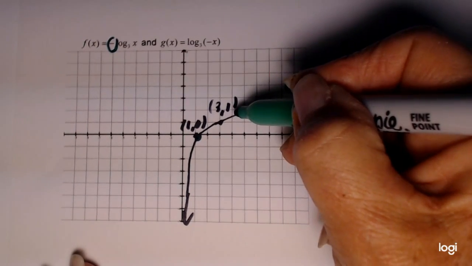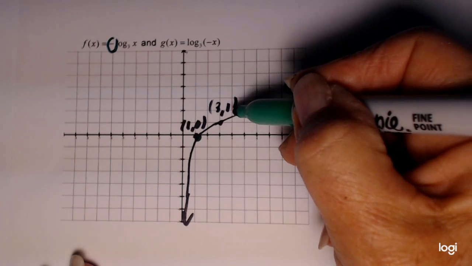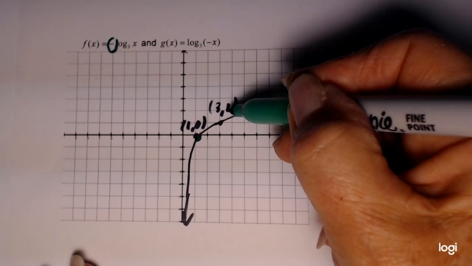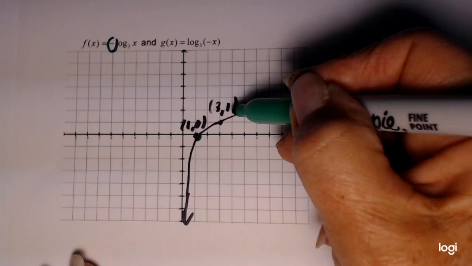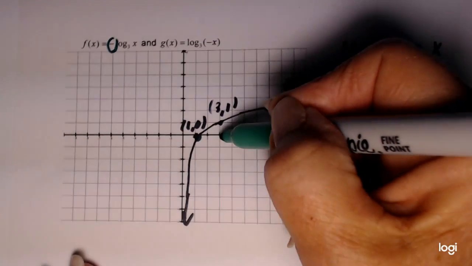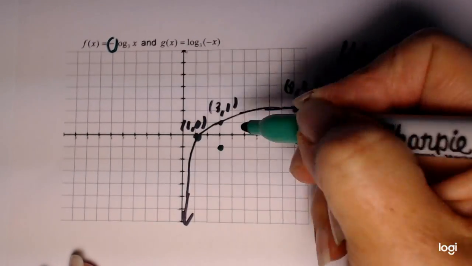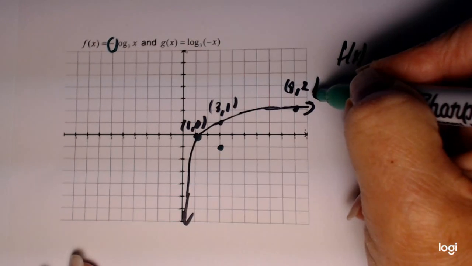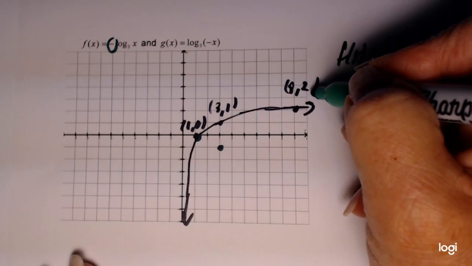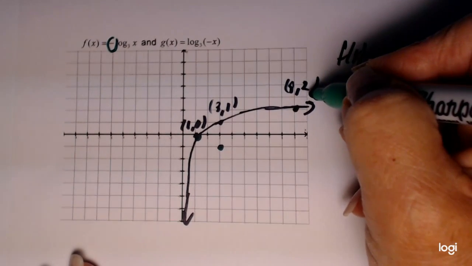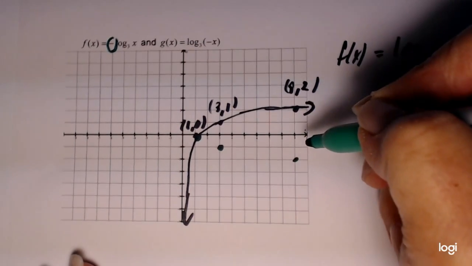Second point here, (3, 1): y is 1. We flip the sign of the y, so now it's negative 1. So we have the point (3, -1). And this point here, (9, 2): y is 2. We flip the sign, it becomes (9, -2).